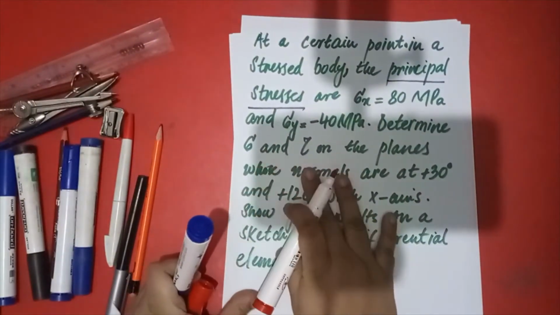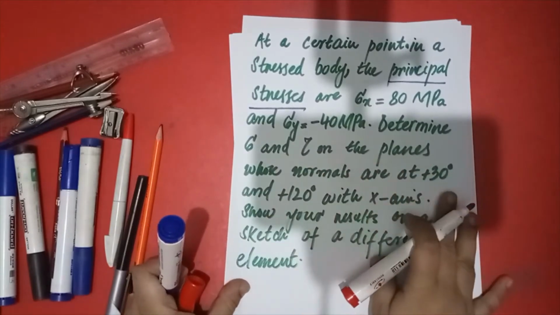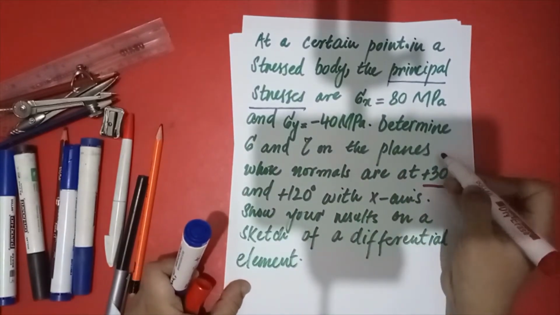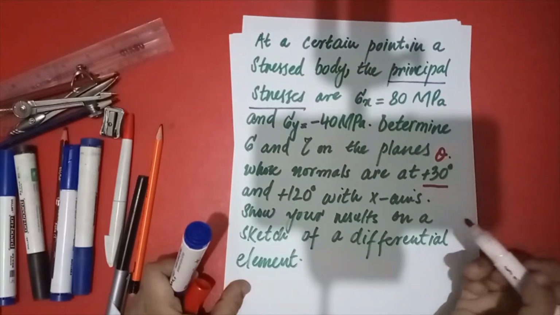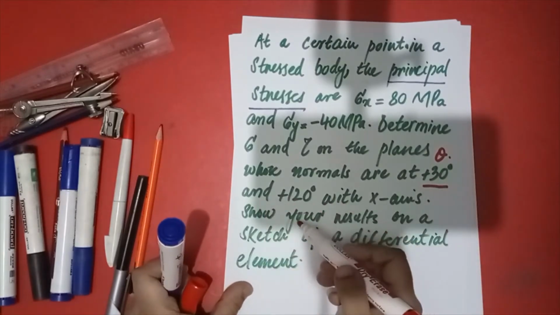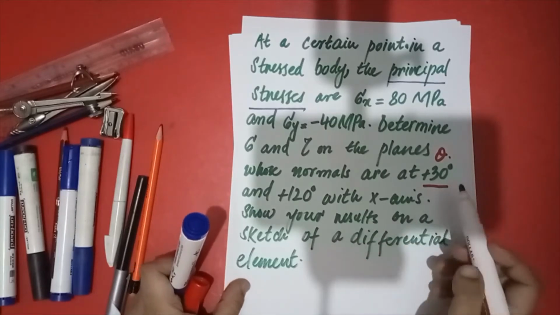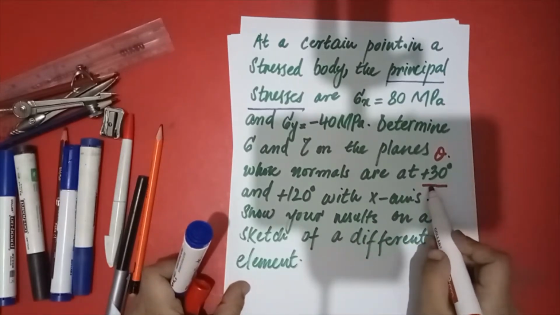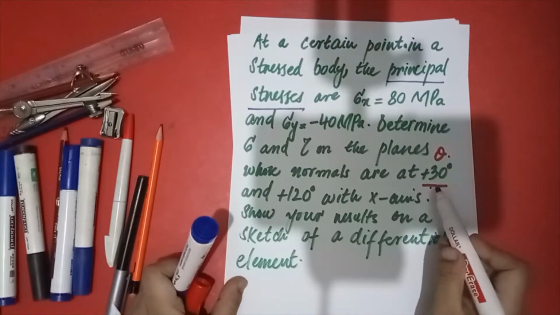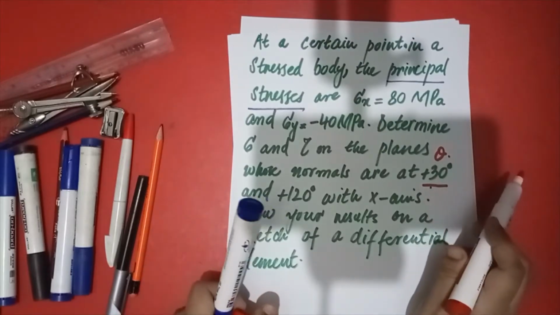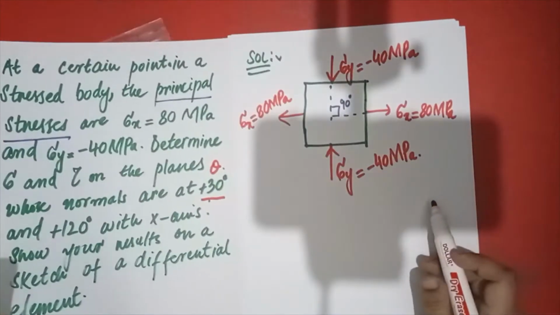Determine sigma and tau on the planes whose normals are at plus 30 degree. So this is at 30, theta, and this will be the another theta. But I will tell you later on how. First you should keep it in mind, this angle is your theta. For the Mohr circle you have to make it double, you have to make it 2 theta.